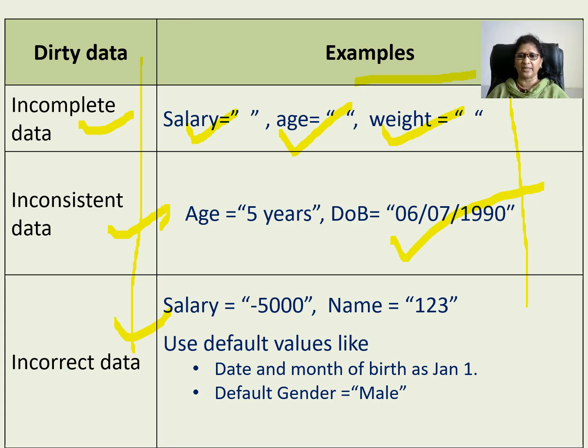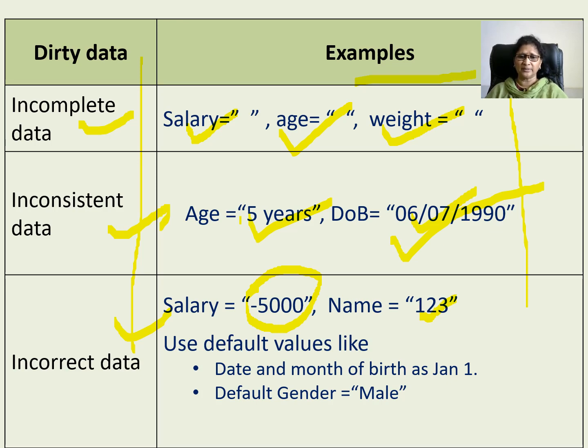You can easily find out that a person with this date of birth cannot have an age of 5 years. Incorrect data. For the field, say salary, the data which is filled in is minus 5,000. This is incorrect data. The name field is filled in with something like 123. 123 cannot be the name of a person.